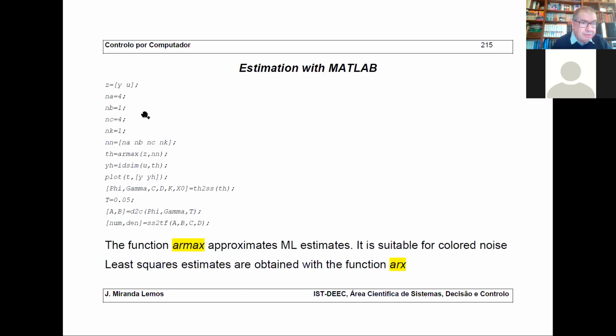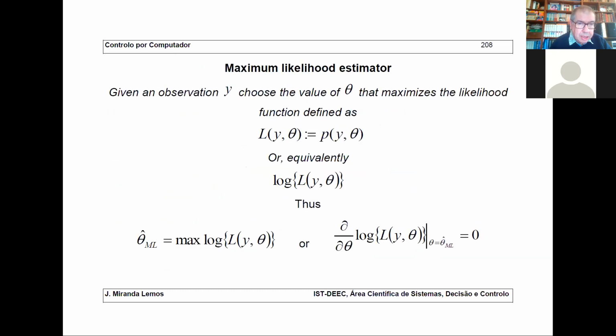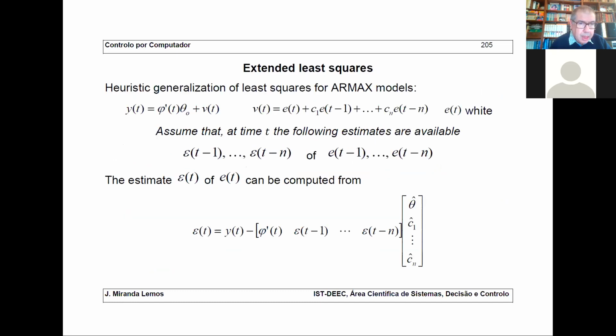So suppose that you have one system described by a model which is something like this. Sorry, let's go back a little bit. It's something like this, okay? So the theta to estimate is nothing more than the minus a's and b's, and then you have the c. So you are adding this extra term, okay?